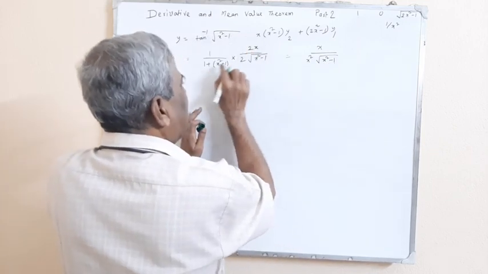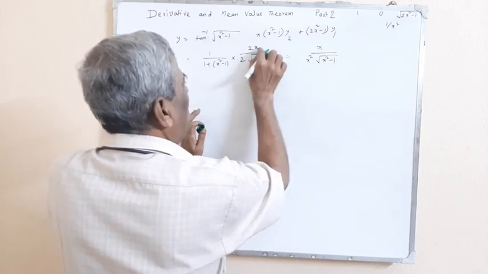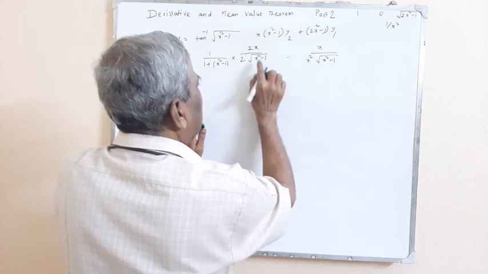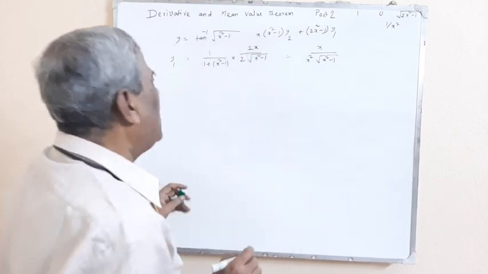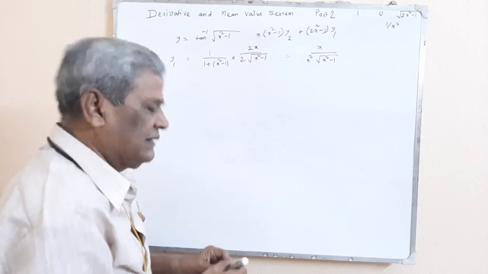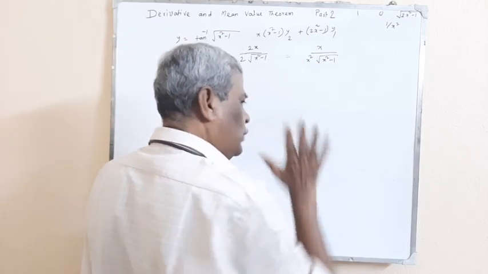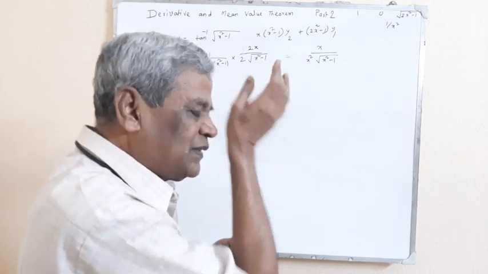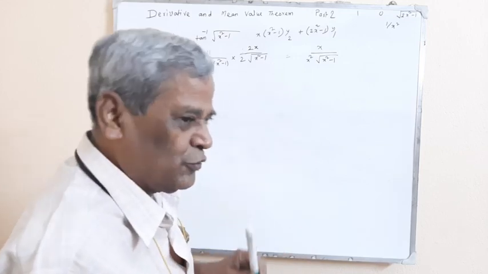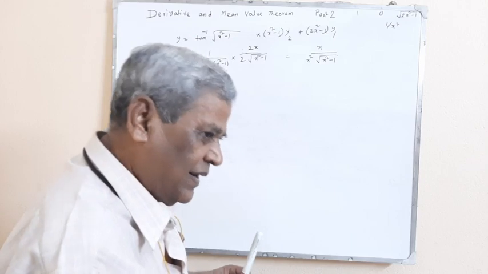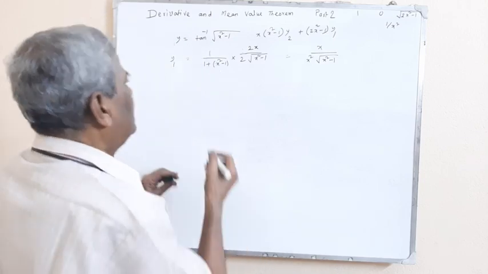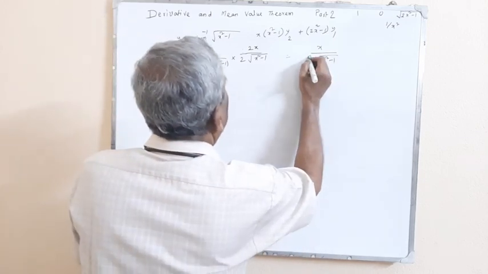Just 1 minute, I check. x cancels, 2 cancels, so this is all right. Now after differentiating and simplifying, we get one square root present and some factors in the denominator also present. So square and then cross multiply. Oh, 1 x will be cancelled.